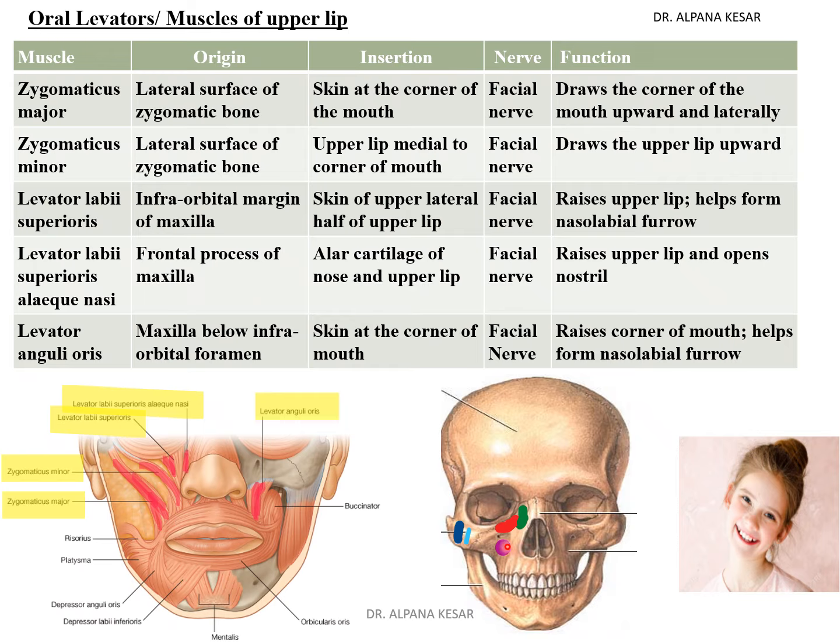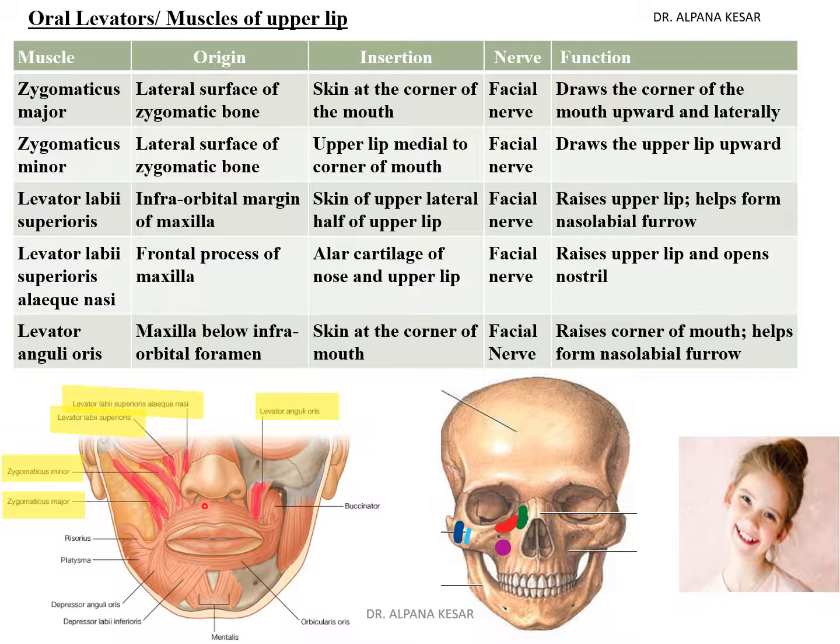Origin of levator labii superioris is from the infraorbital margin of the maxilla, and the insertion is in the skin of the upper lip.